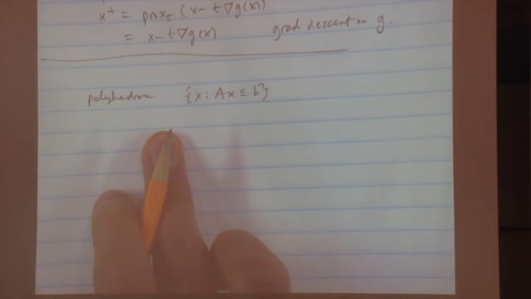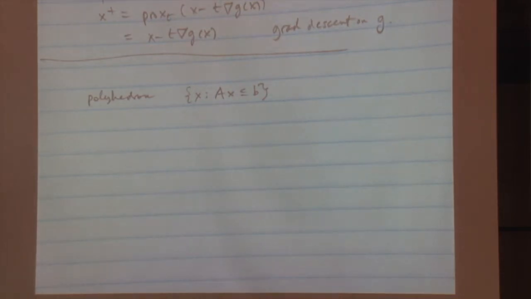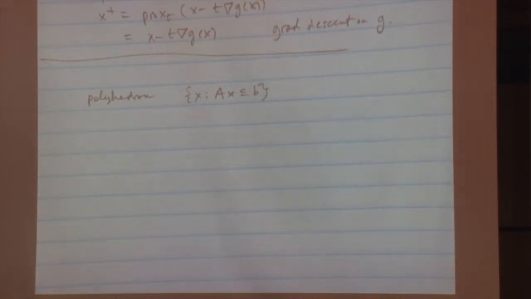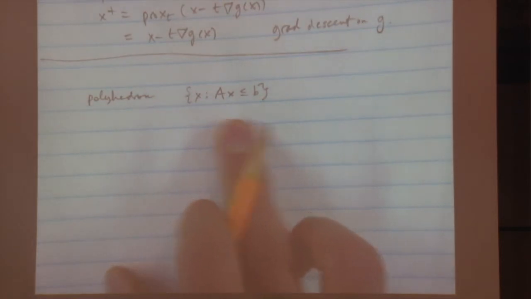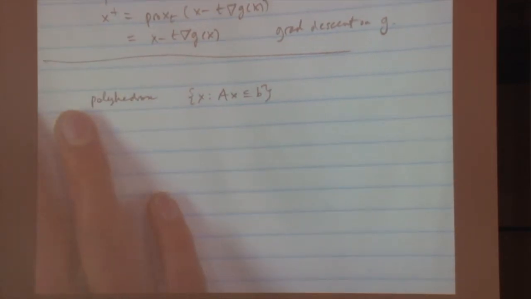So projecting onto this is a quadratic program, right? Finding the point x that's closest to some other fixed point, say c, is a quadratic program. There's not a closed form for that. It's actually very hard to do in general. But for certain special cases of A, we can do this efficiently. So that's why projections can be deceiving in a sense.